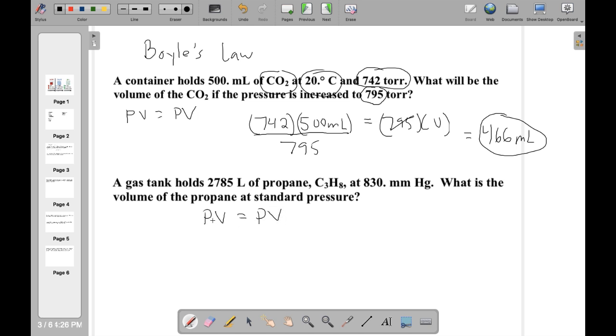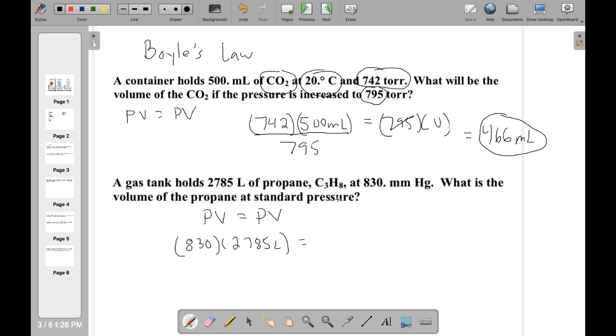I need the pressure. The pressure is 830 millimeters of mercury times 2,785 liters equals, and it says what is the volume of the propane at standard pressure?